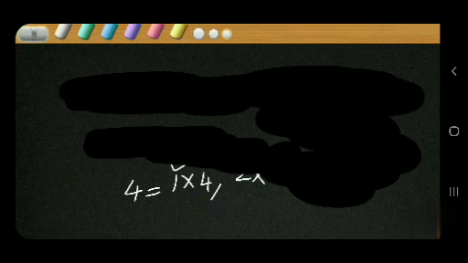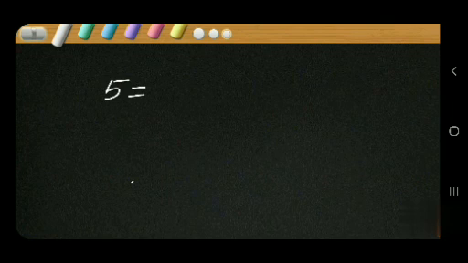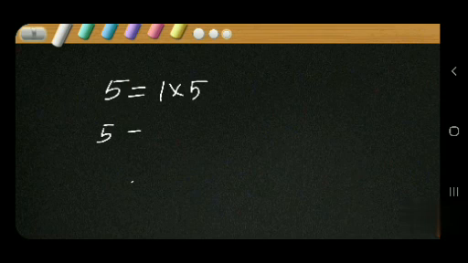Okay, let's discuss one more. Which are the factors of 5? Of course, we all know any number can be written as the product of 1 and that number. So 5 can be written as the product of 1 and 5. Is there any other possibility for writing 5 as the product of two numbers?